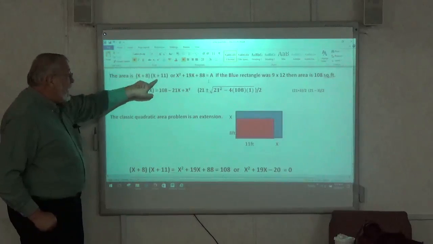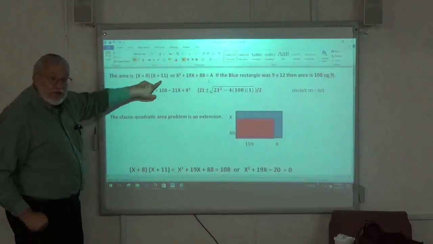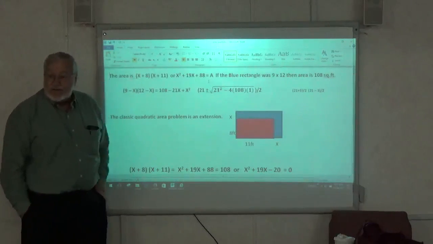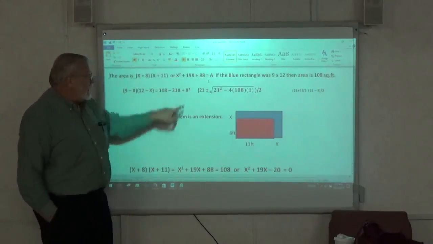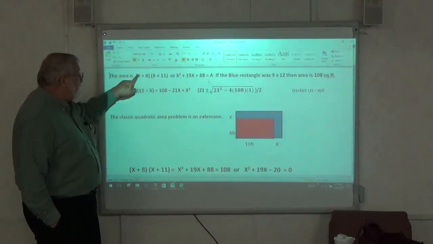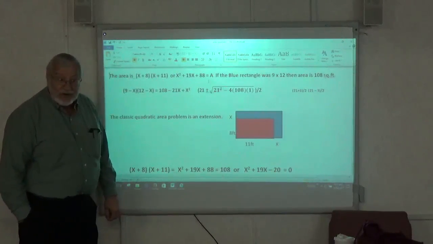But because length and width are multiplied, you're going to end up with a quadratic equation, because x times x is x squared.